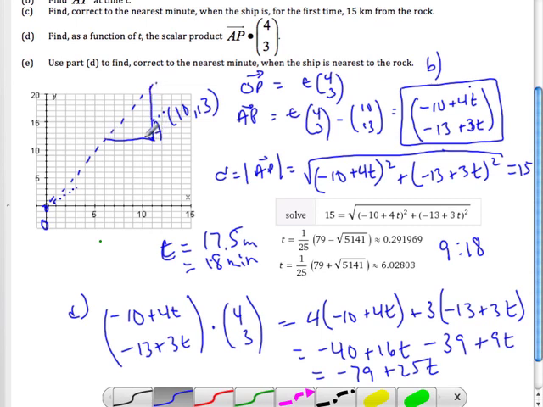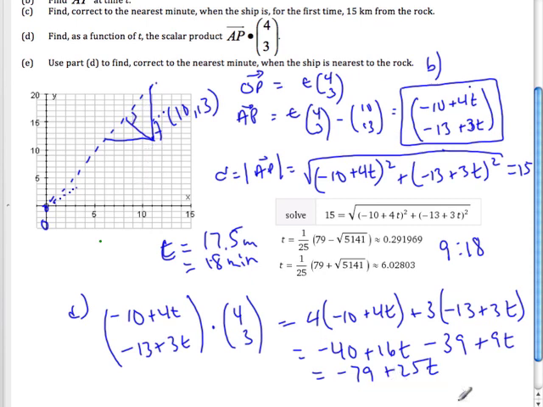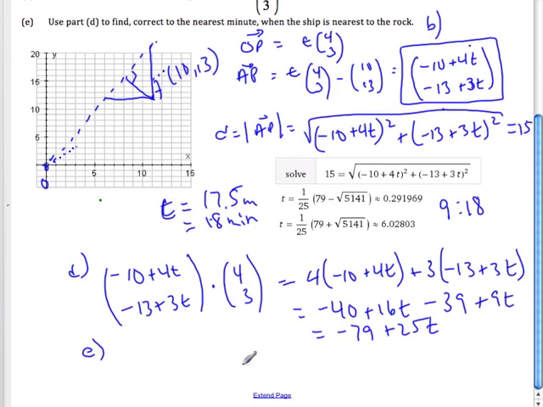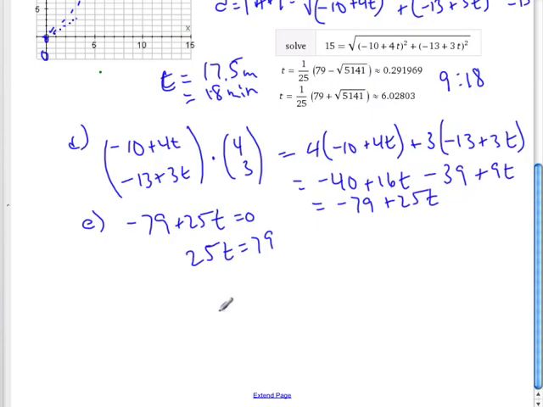The closest path is when it's perpendicular. So if I want it to be perpendicular, that means the dot product has to be equal to 0. So I set the dot product, -79 + 25t, equal to 0. Solving for t, I get 25t = 79, and so t = 79/25.